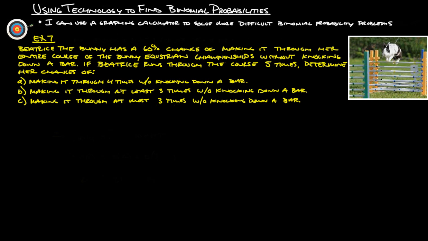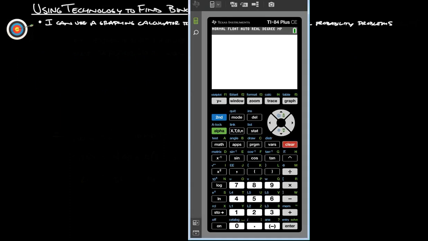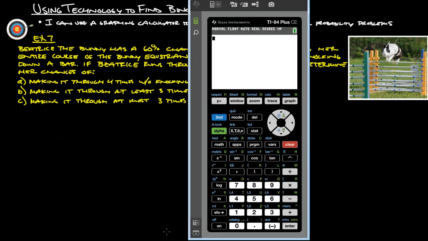Okay, so here's what we're going to do. We're on the TI-84, because that's what the majority of people have. I'm going to show you what you're going to want to go into. We're going to go into 2nd, and everything we're talking about in here is a distribution.